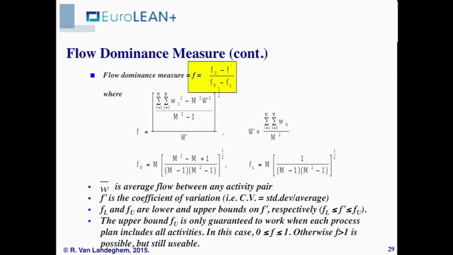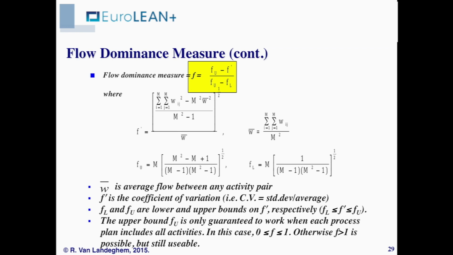You can look at f prime as a coefficient of variation of the flow, especially the lengths of the flow, and then this dominance measure is normalized by using an upper and lower bound. Notice that this upper bound is sometimes exceeded when each process does not include all activities.